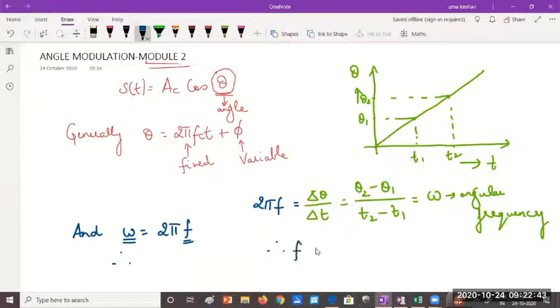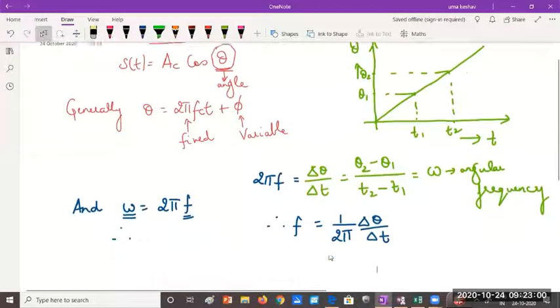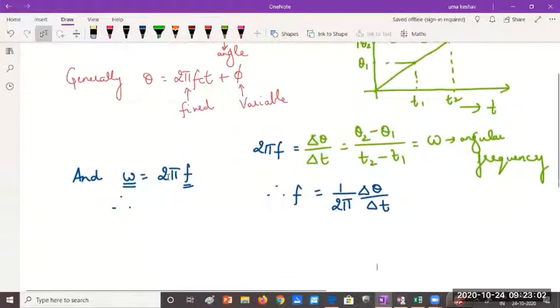Therefore, how do I define f in terms of this? f can be 1 by 2 pi times change in theta by change in time, right? Same equation, delta theta by delta t is angular frequency, and if I divide it by 2 pi, I'll get the actual frequency value f.